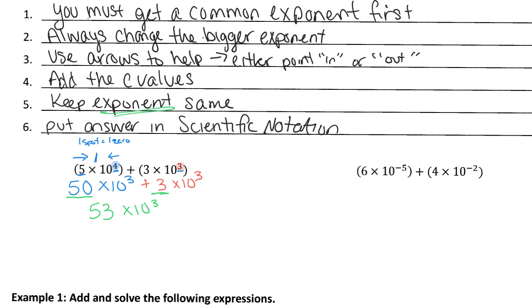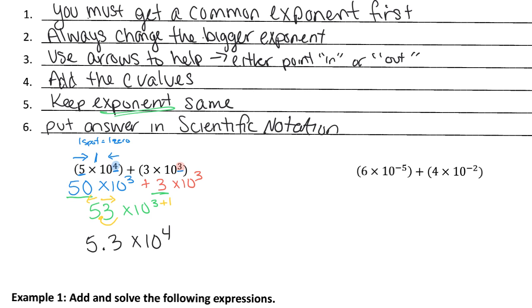But 53 is not in scientific notation, so we need to make this 53 smaller because it has to be 5.3. Since we're making it smaller and moving it to the left, we add a 1. So our actual answer is 5.3 times 10 to the 4th. Don't worry if that didn't make sense. We're going to do 3 more examples together, so don't stress too much.